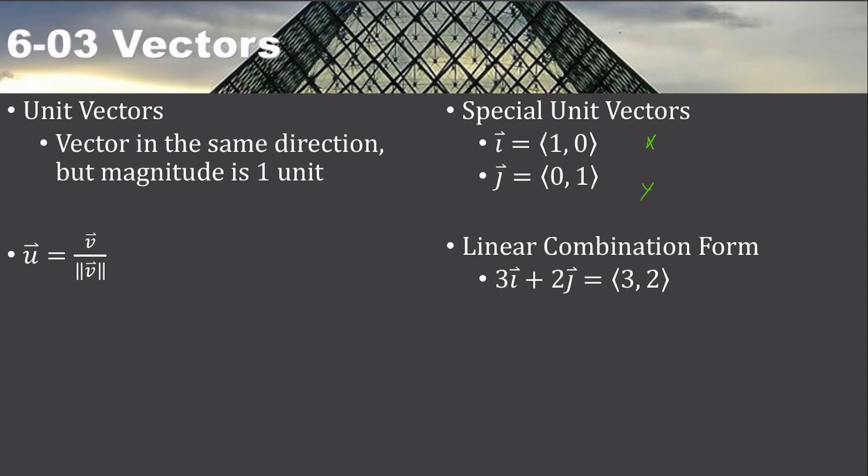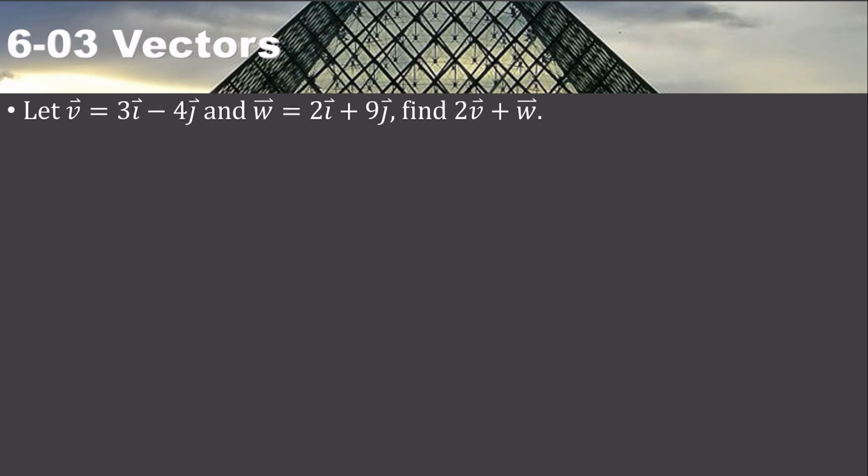So we have what's called linear combination form. So instead of writing it as a point with the angle brackets <3, 2>, we can say it's 3i plus 2j. So it's 3 in the x and 2 in the y. So let's let vector v be 3i minus 4j, and w is 2i plus 9j.